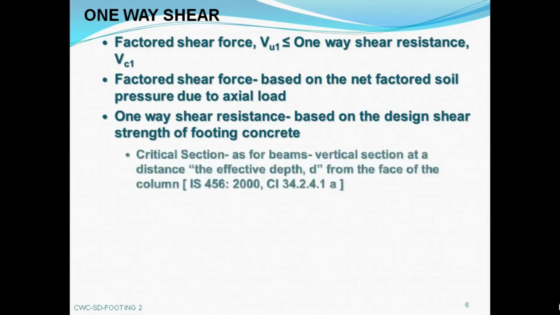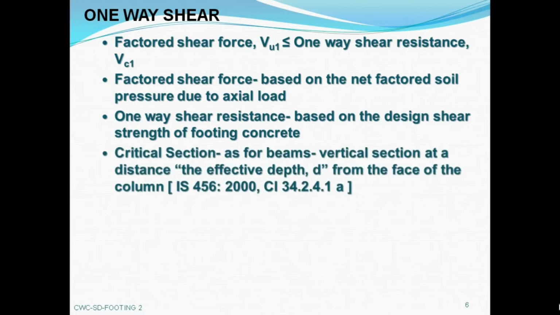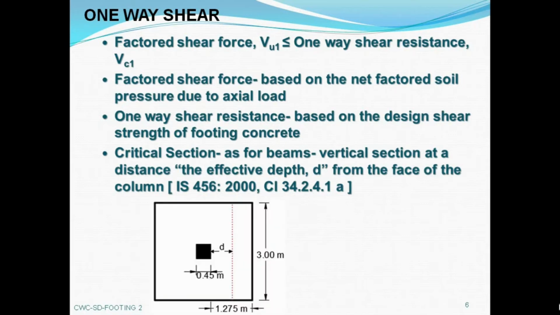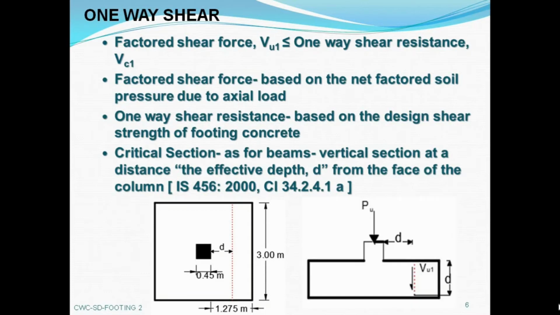The critical section we have to consider here is as for beam, that is the vertical section at a distance of d, effective depth, from the face of the column. I have mentioned the code reference here. Please refer to the picture. Here, the red line indicates the critical section in our case, that is at a distance of d from the column face.